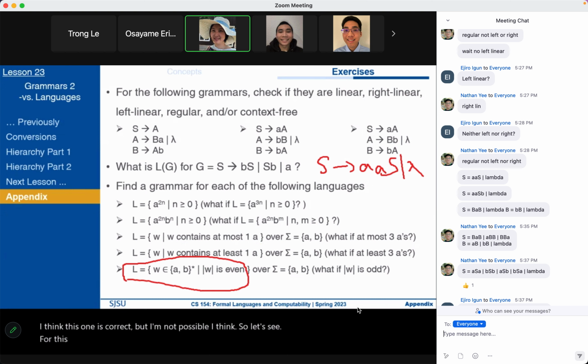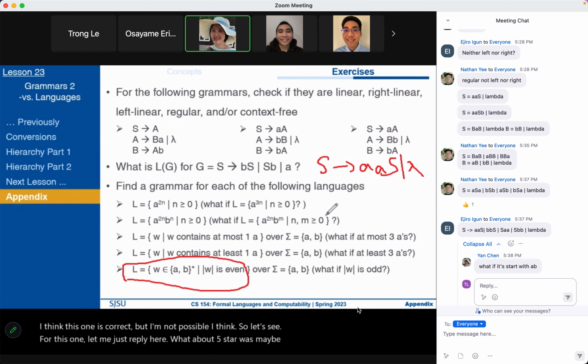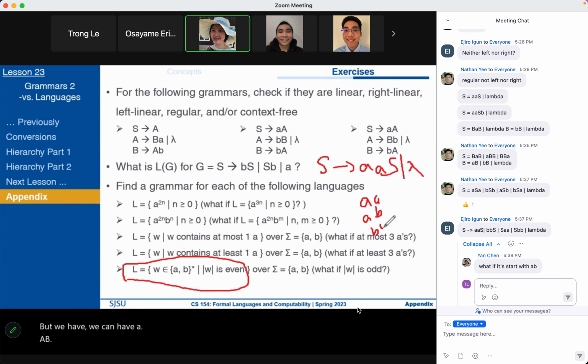For this one, let me just reply here. What about if we start with A, B? Okay. So basically, you can just have combinations of A's and B's. If we want 2 letters, and the letters can be A or B, what we can have is AA, AB, BA, BB.